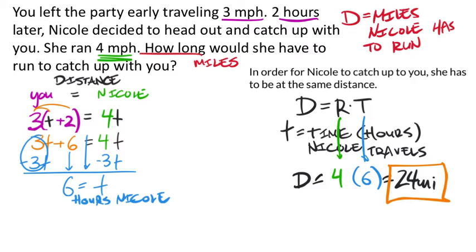Maybe you set up a time formula in here or a rate formula. But again, the rate was given directly. The time wasn't, right? But one of the key factors we need is that she's going to catch up with you. And that is how we made this part of the formula. It was a distance. That's what it means to catch up. It was an equal distance on that one.